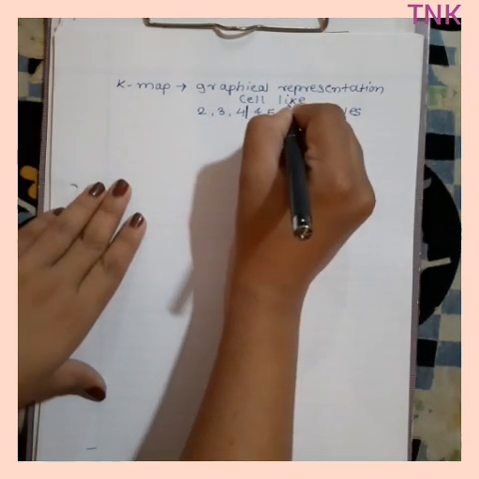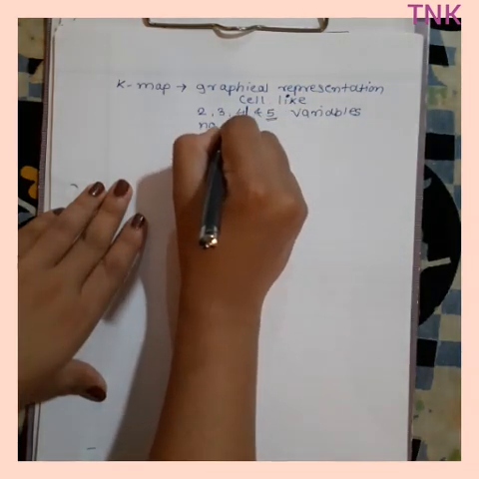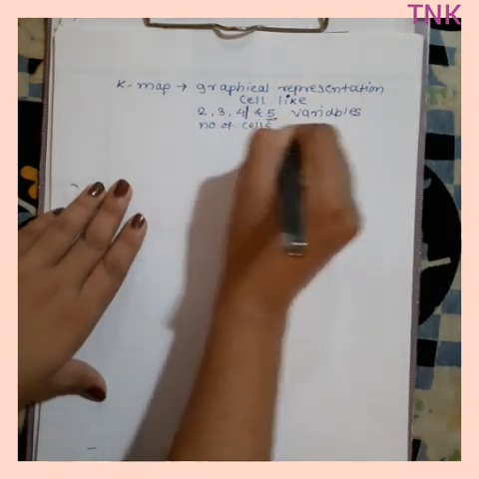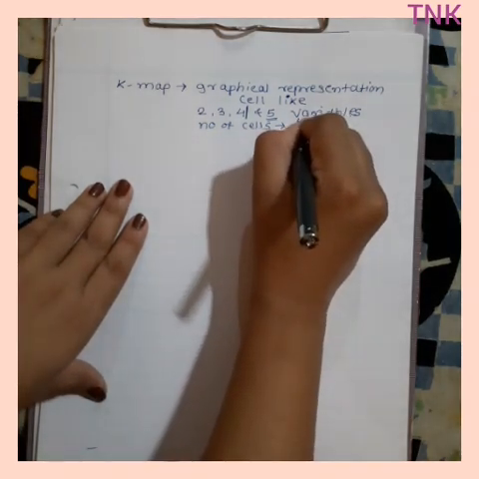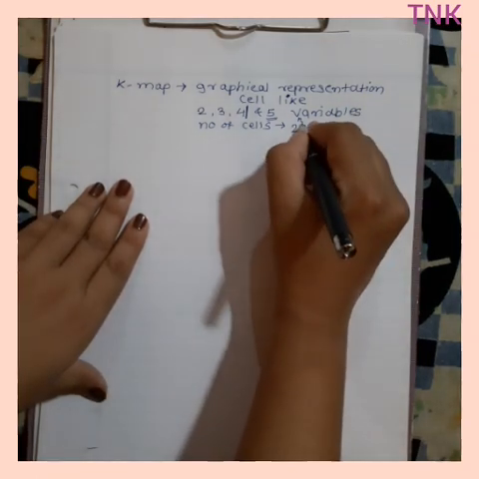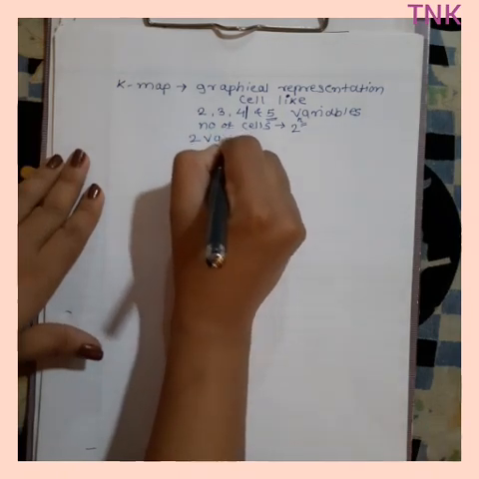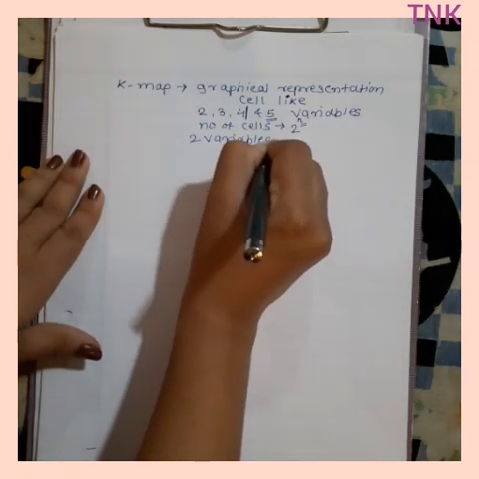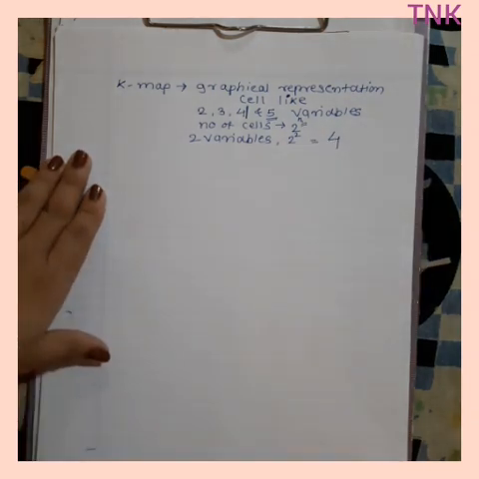Now, as I already told you, K-map is a cell-like structure. Now let's see how to calculate the number of cells in K-map. To calculate the number of cells in K-map, there is one formula, that is 2 raised to n, where n is the number of variables. For example, if we are drawing the K-map for 2 variables, the number of cells will be 2 raised to 2, that is 4.